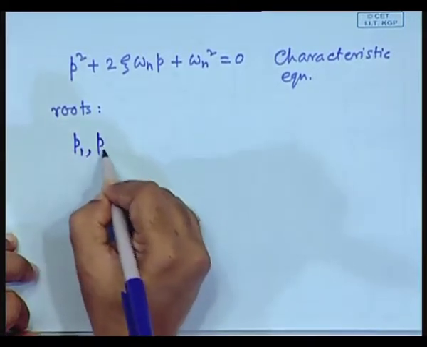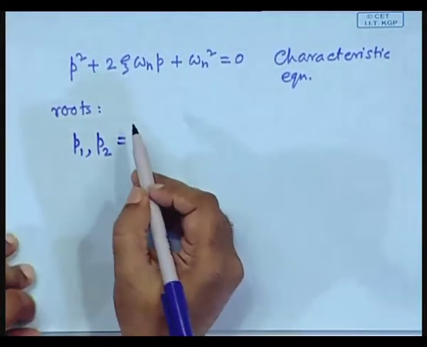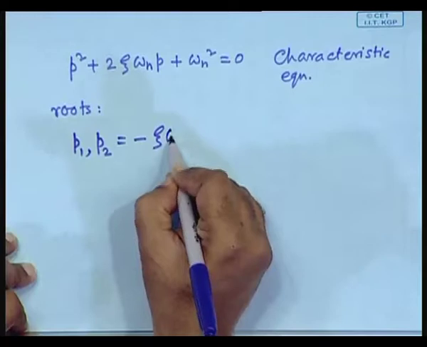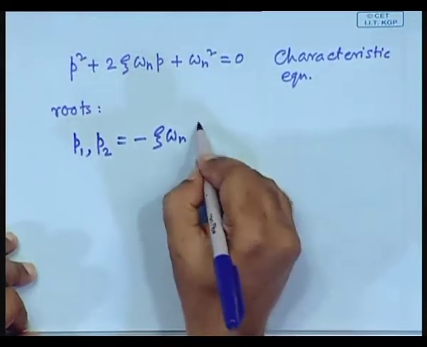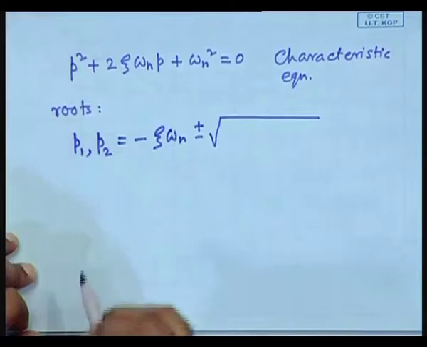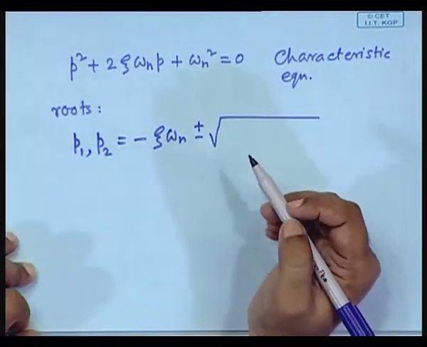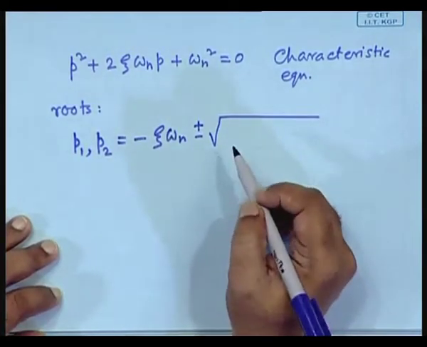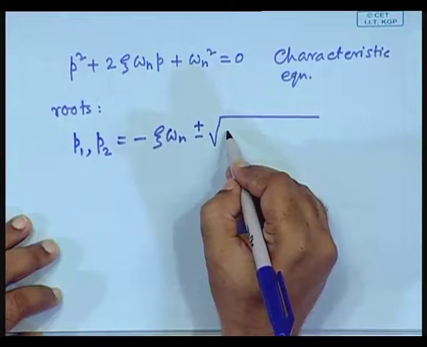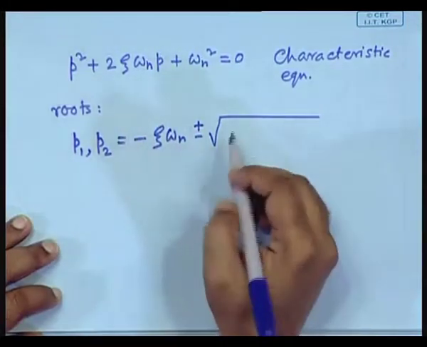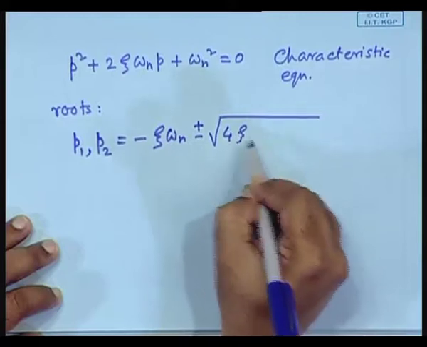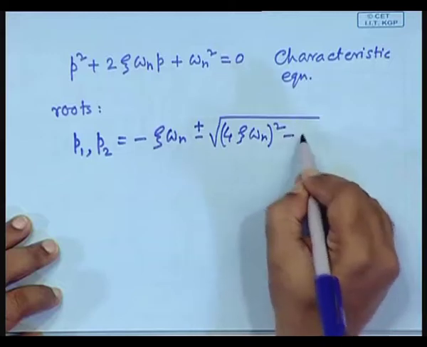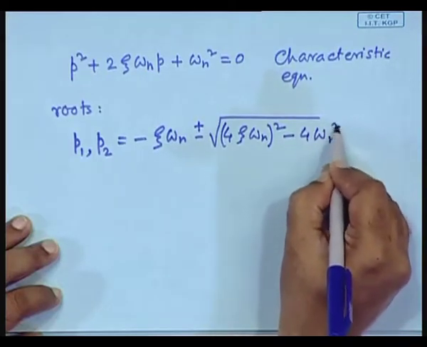P1 and P2 are minus zeta omega n plus minus root over, it is 4 zeta omega n square minus 4 omega n square.